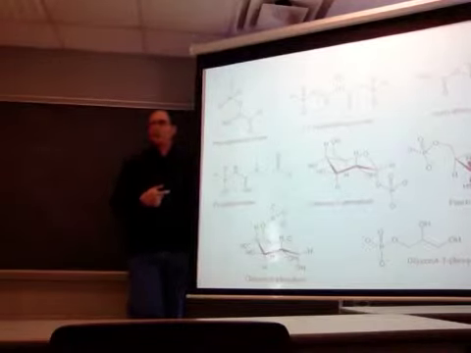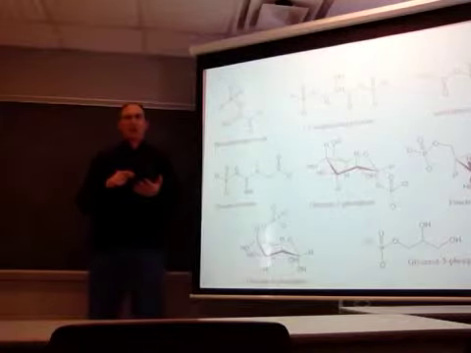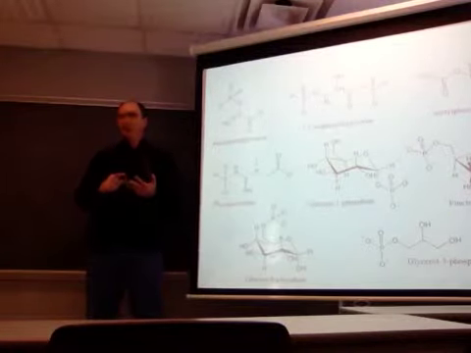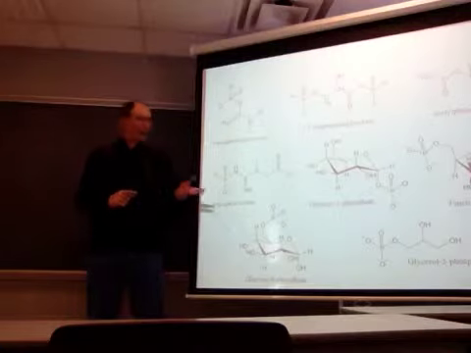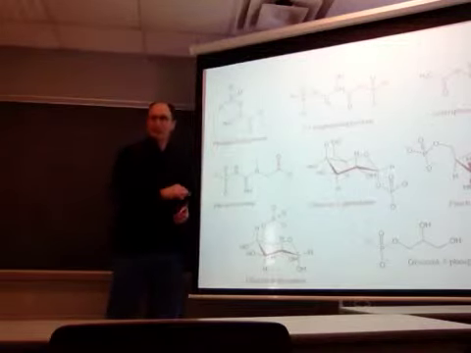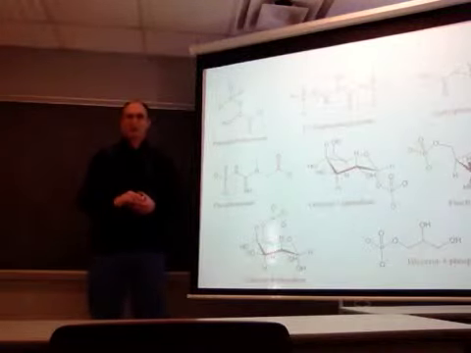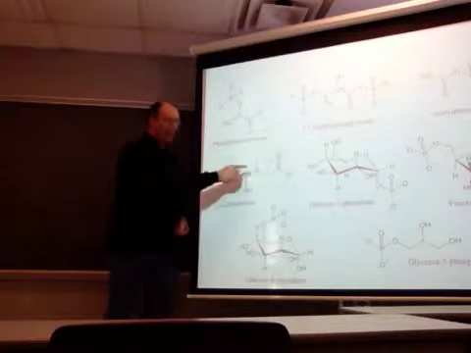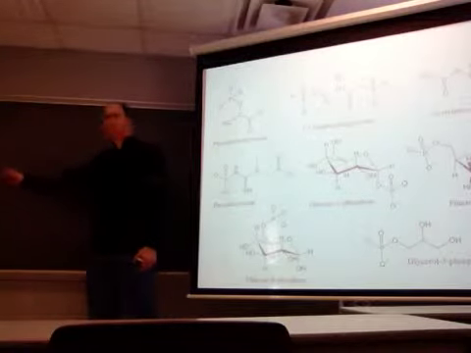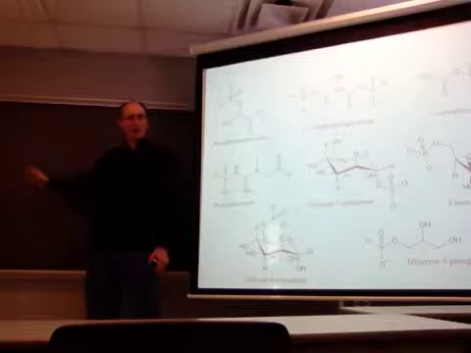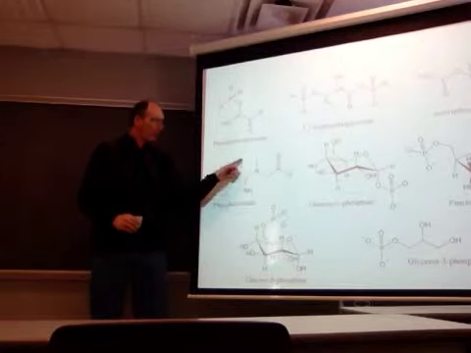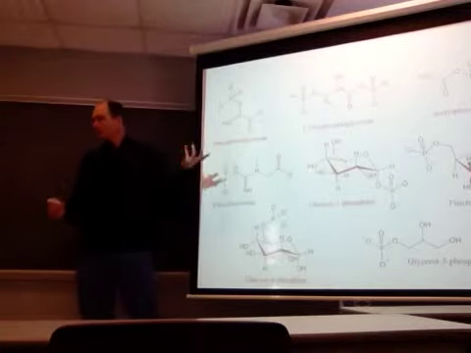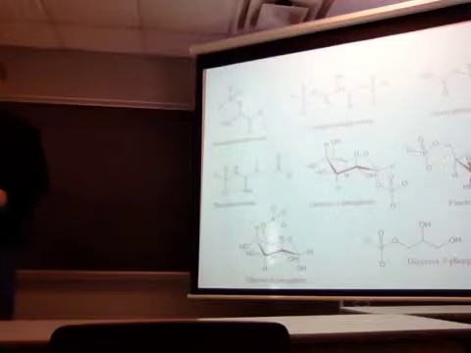Our leaving group is stable because it is a stable, weakly basic molecule or ion. In this case, resonance stabilized ion. So when this acts as a leaving group, we get the potential for this resonance stabilization of this guanido group, and so that's what makes it high energy.